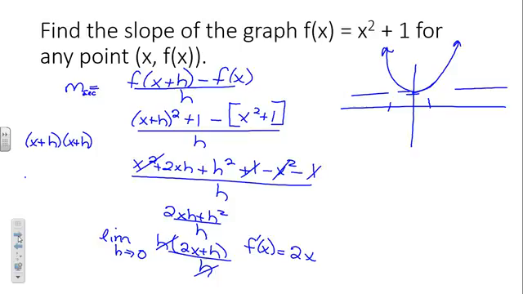At x is 1, my slope will be a positive 2. At x is negative 1, my slope would be a negative 2. At x is 2, 2 times 2 is 4. It's a steeper slope. It's got a slope of 4. So this is your answer, and then we can put any numbers we want in for x.